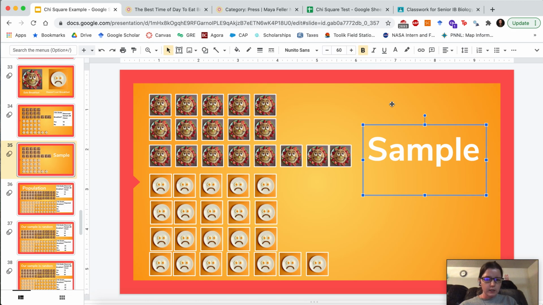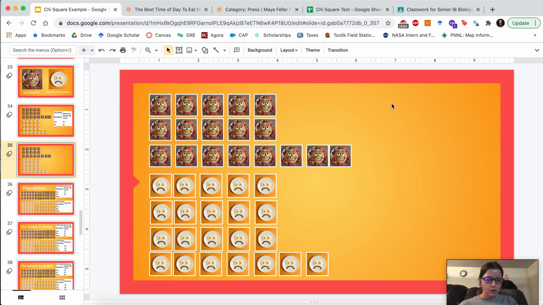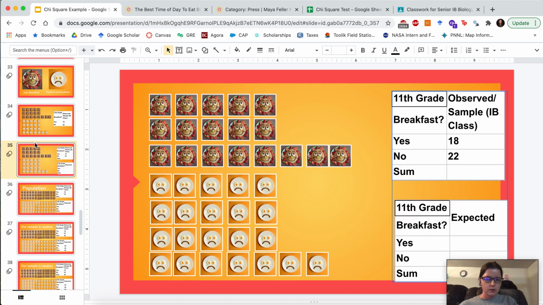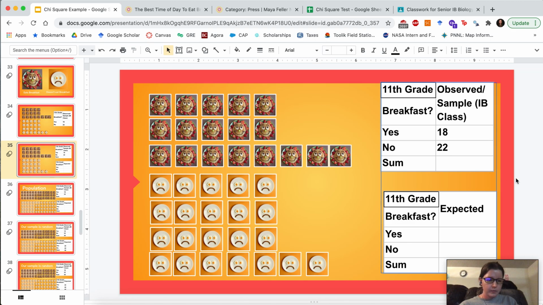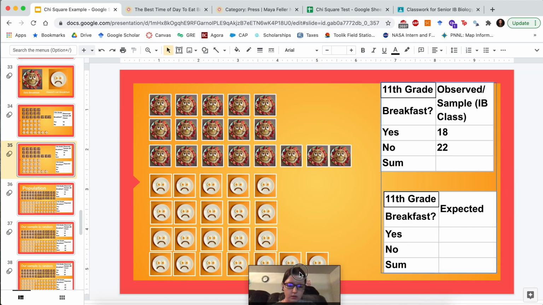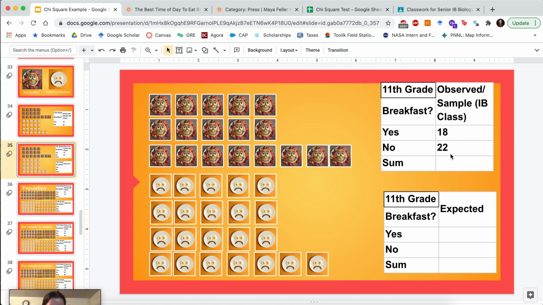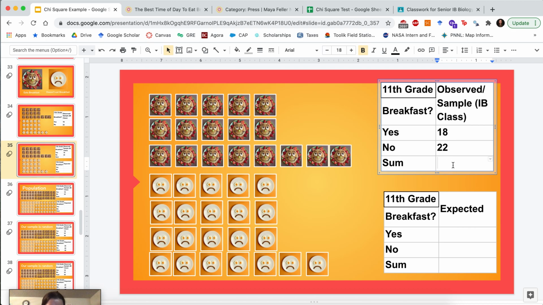So what does it mean for at least half of our students to eat breakfast? What would that look like if that's how it was in our sample? Remember, this is our sample. In order to calculate it, we would need to take the total amount in our sample. In this case, it's just 18 yeses and 22 nos. So our total sample size for the 11th grade is 40 students.